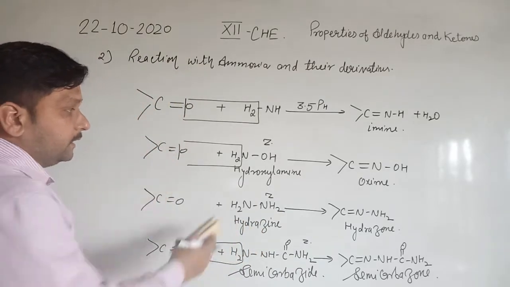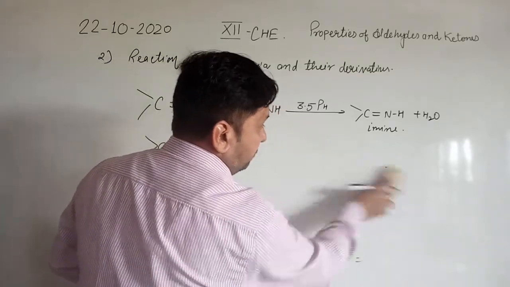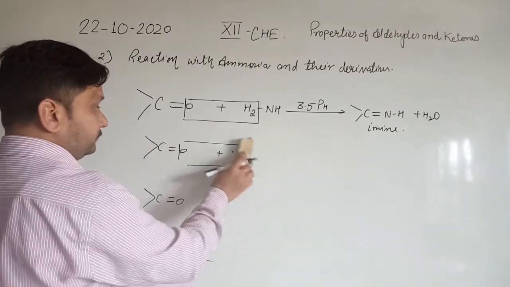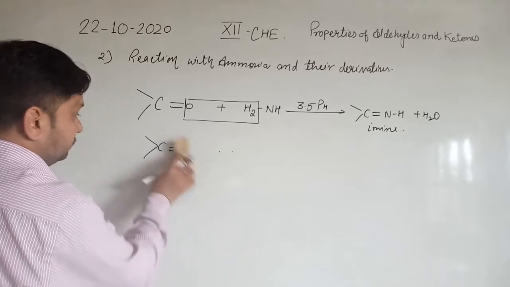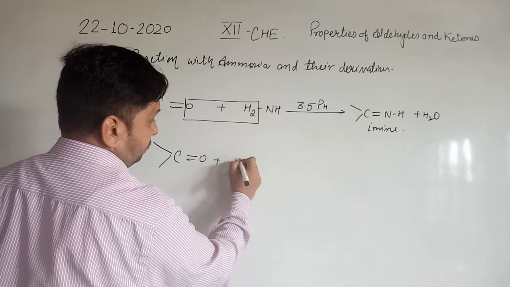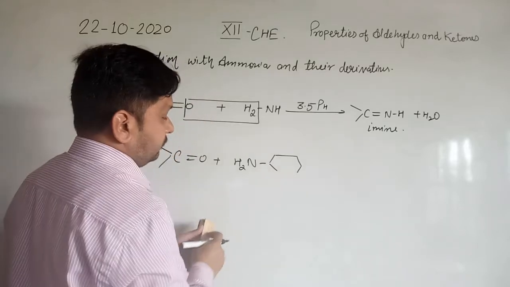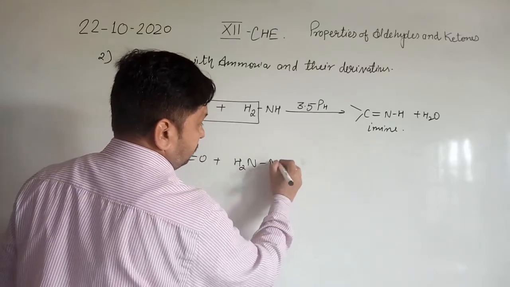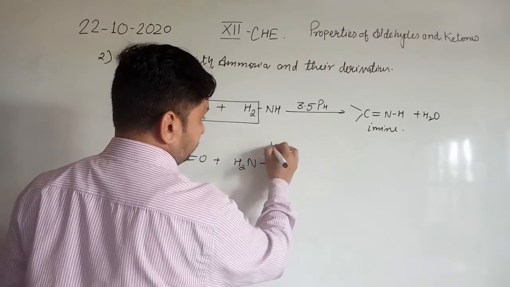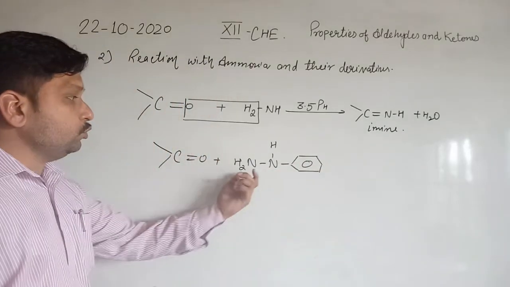Other than these, there are some compounds that also belong to the derivatives of ammonia, like NH2 NH with benzene.